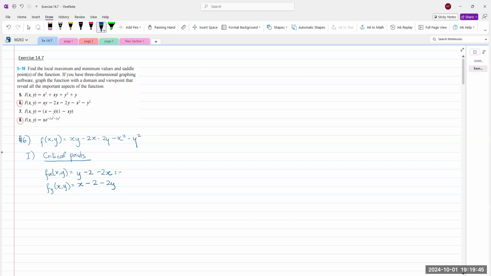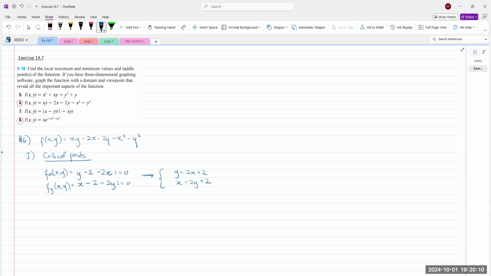Set this equal to 0. So we get y equals 2x plus 2 and x equals 2y plus 2.